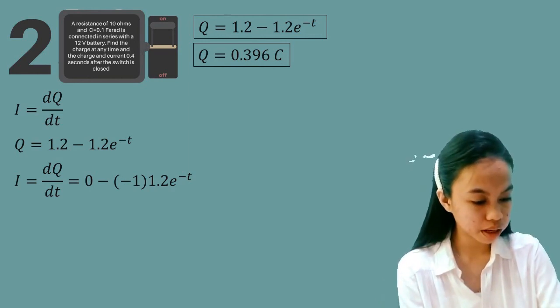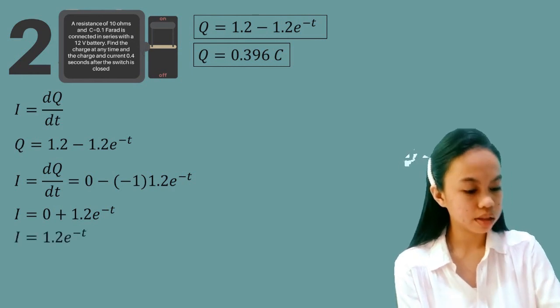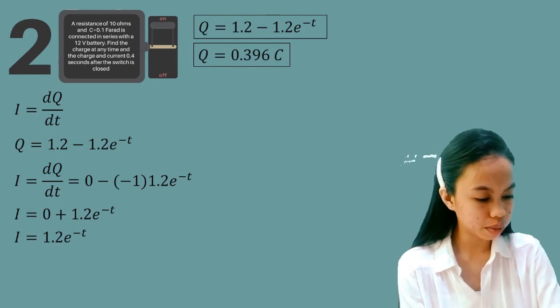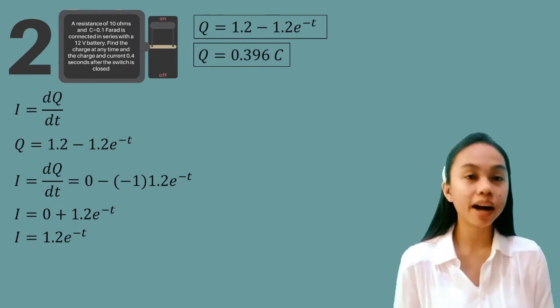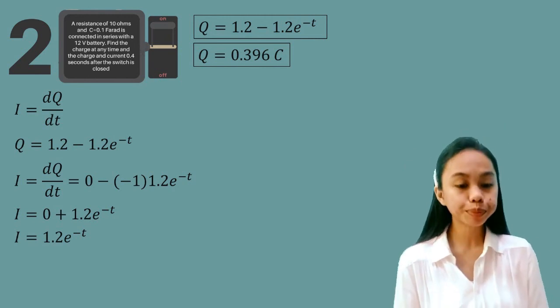So we will get 0 plus 1.2 e raised to the power of negative t. And so we will have 1.2 e raised to the power of negative t. So our I at any time will be 1.2 e raised to the power of negative t.